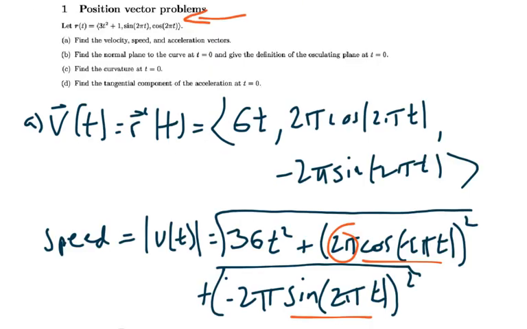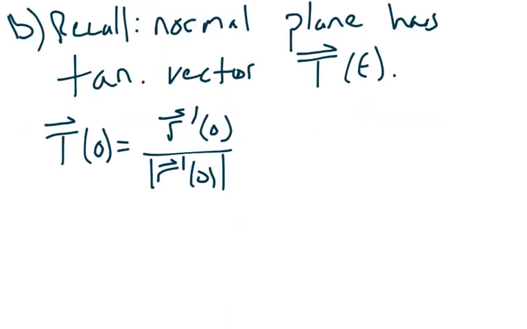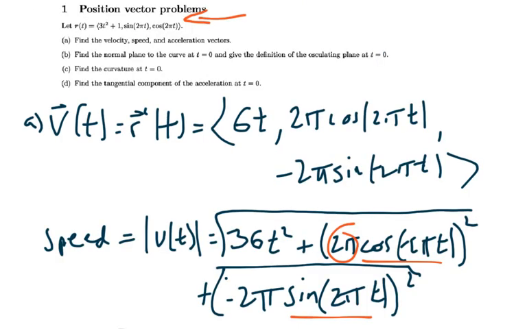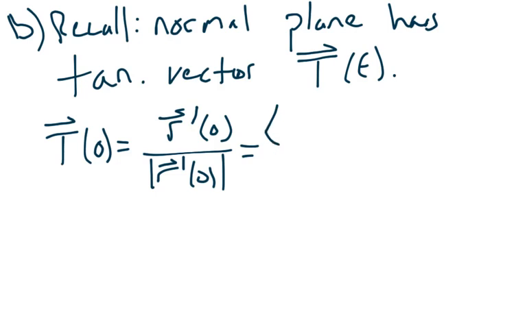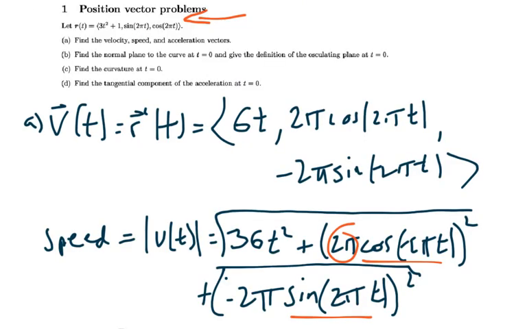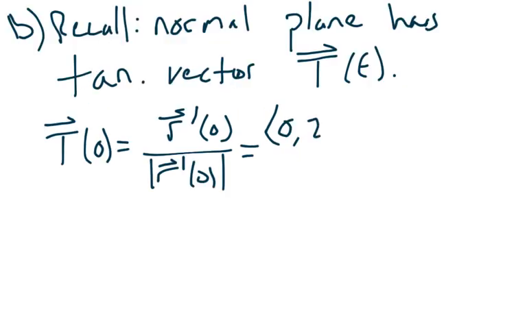Well, we have this here, so we can go ahead and plug in 0. We have 0 as the first component. Our second component is just going to be 2 pi. And the last component is going to be 0 because sine of 0 is equal to 0.